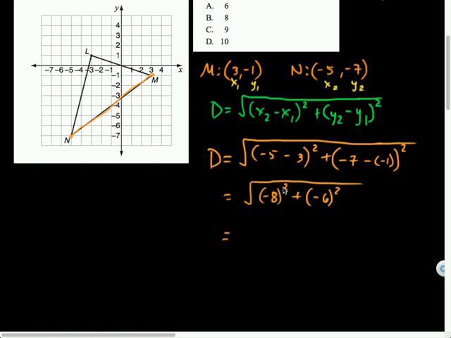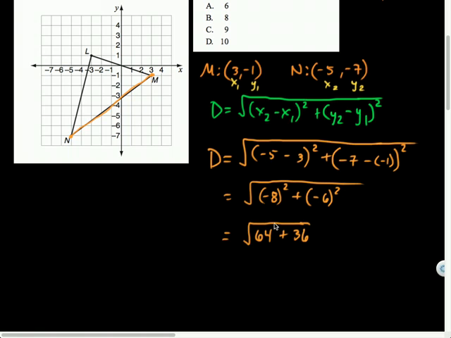Now, squaring these, just knowing what -8 squared is can sometimes be a challenge for students. If I didn't properly parenthesize this, you would probably have a sign error there. But -8 all squared is +64, and -6 all squared is +36.